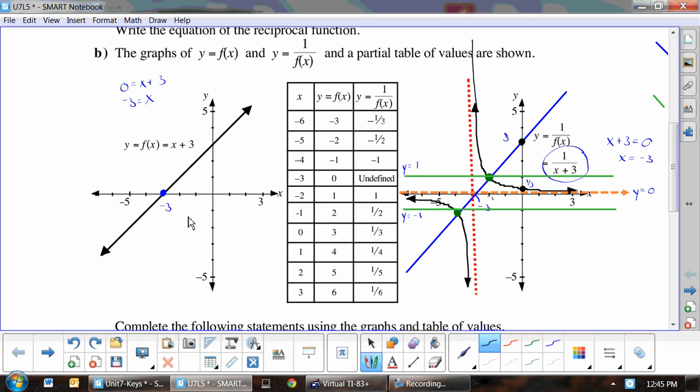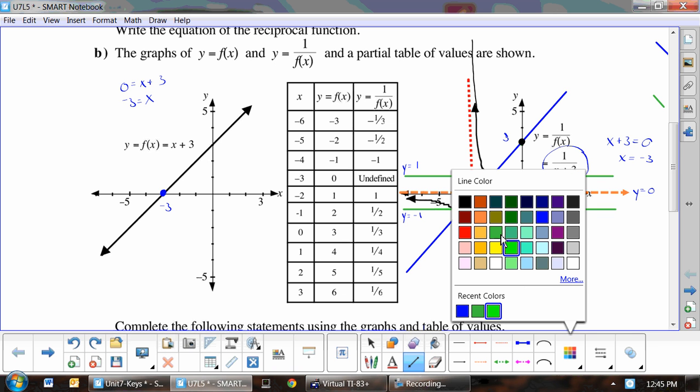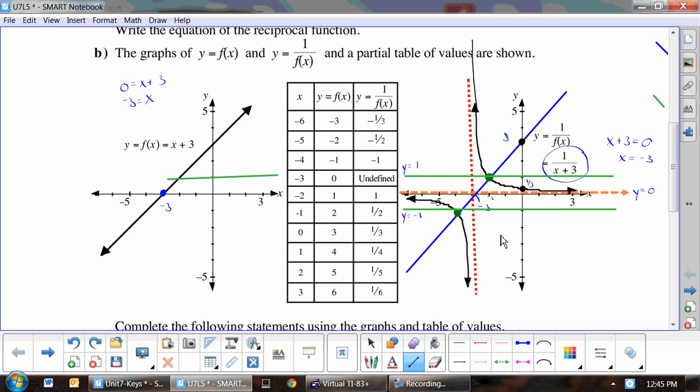So, some other things we get to think about. On our other one, when we're drawing a reciprocal, because we will get questions where it's like, here's the original, draw the reciprocal graph.